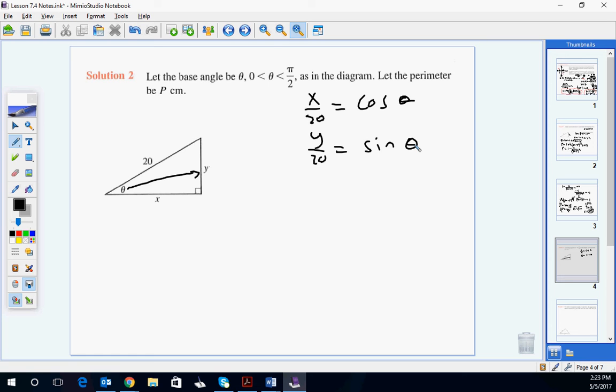So if I solve for x and y, that means x equals 20 cosine theta. Does that make sense? Just times 20 over. Y equals 20 sine theta. Because remember, we're still trying to maximize x essentially.